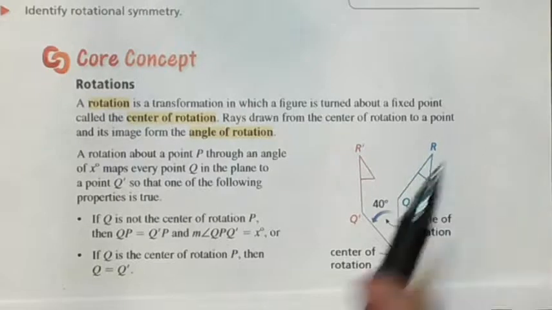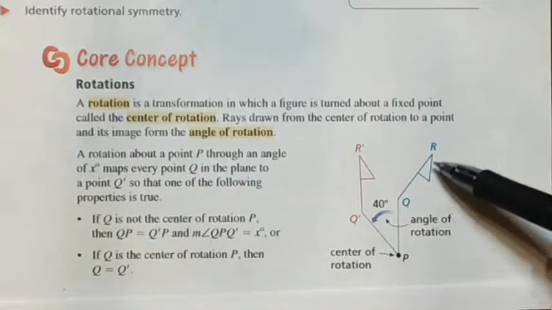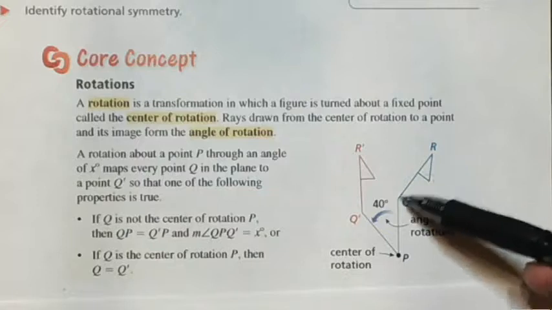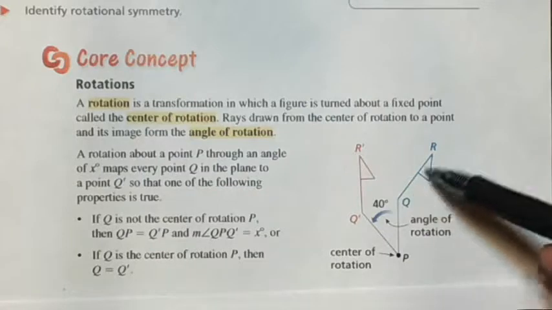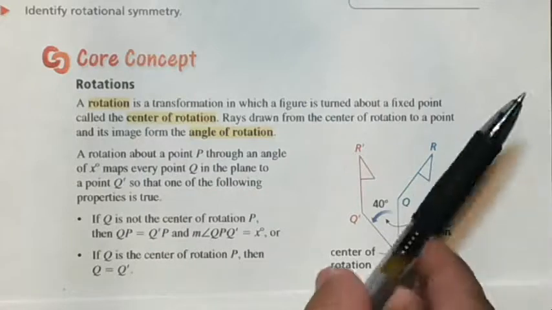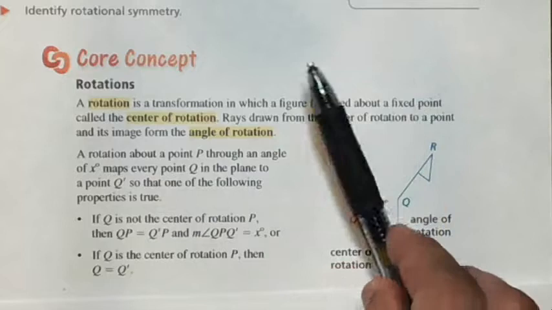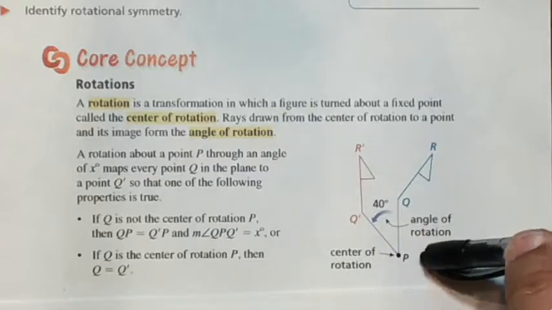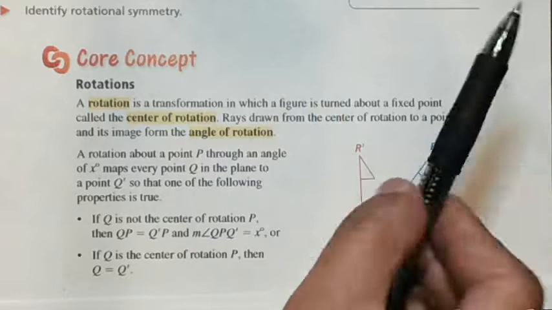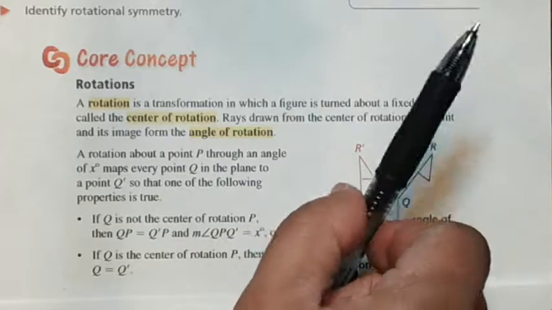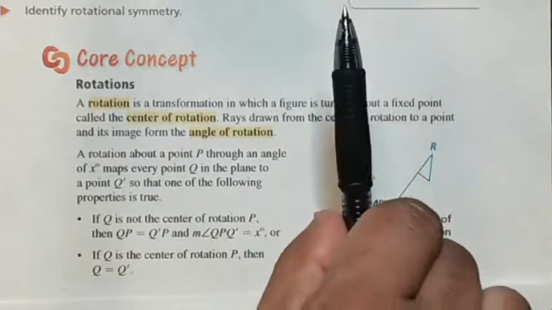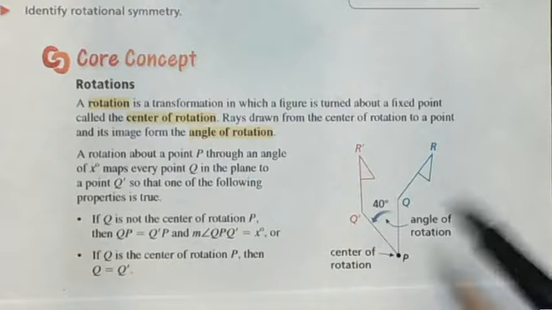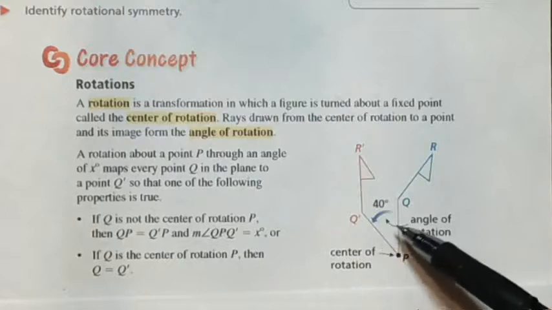I have this little flag-shaped drawing here using RQ, and I'm creating a 40-degree rotation. I'm turning it about a fixed point, P, and it's tilted this direction. When I rotate it, it turns a little more vertical. We call this the angle of rotation.